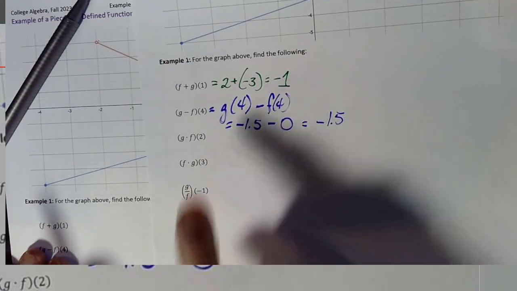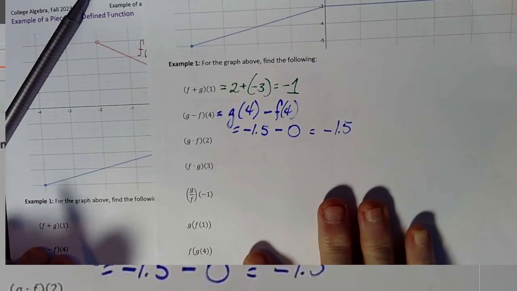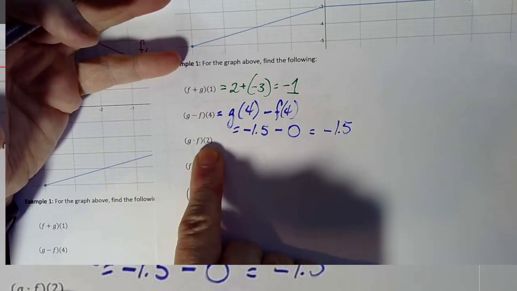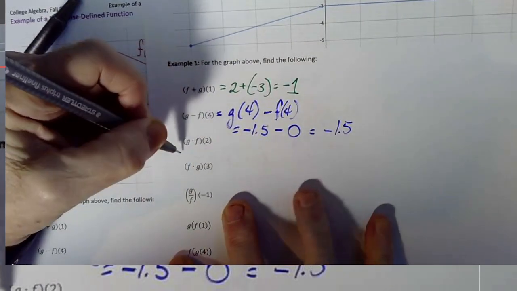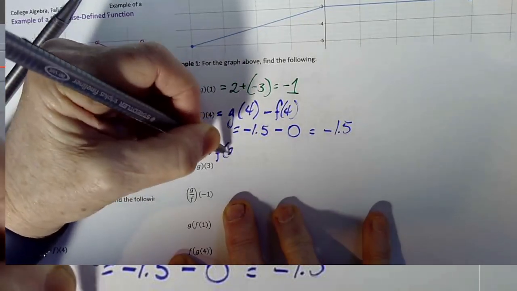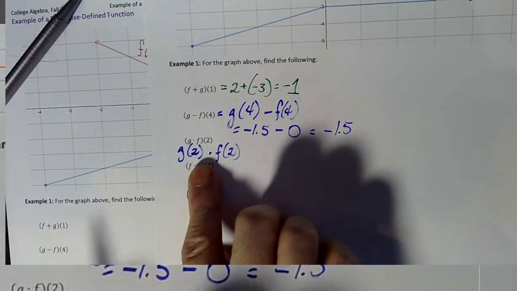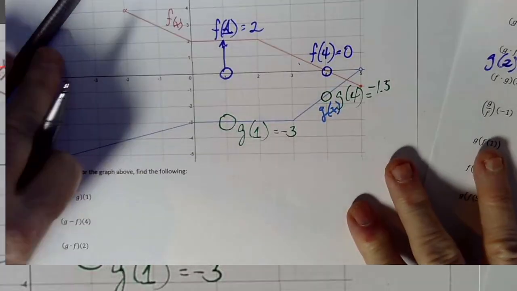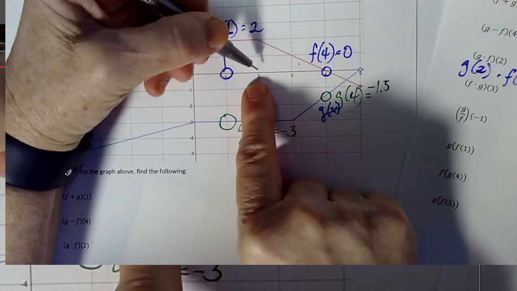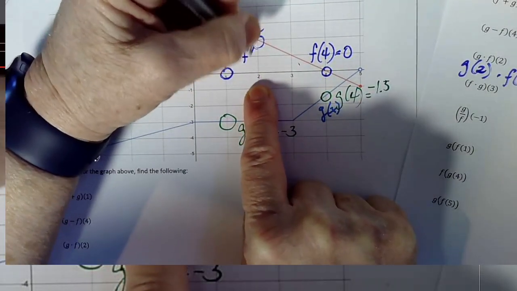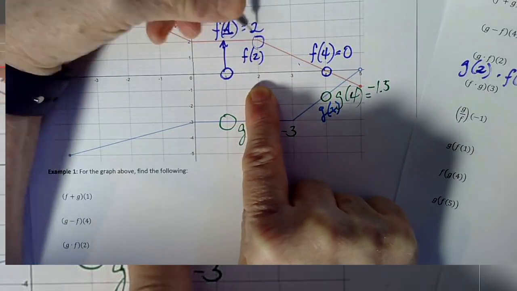The next two are going to multiply. So let's write out this first one. G times f evaluated at 2 is the same as g of 2 times f of 2. So we need to find those two values, multiply them, and get the answer. Let's go back to the graph. At 2, you can see that f of 2 is the same as f of 1.